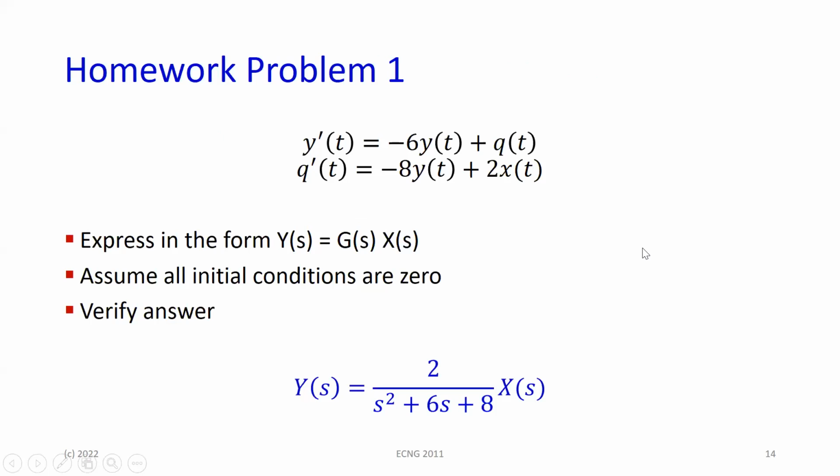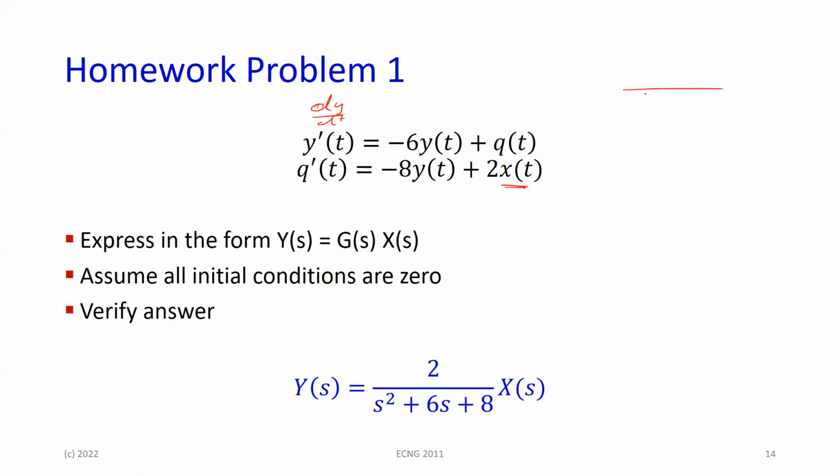If I give you this, and you can try this just to make sure, we have a system here where y prime, this is of course dy/dt, is equal to y and some variable. And the derivative of that variable is also related to y and also x.